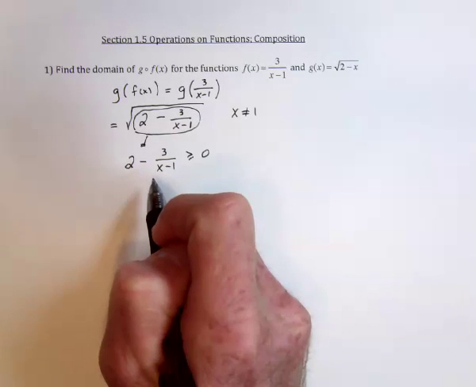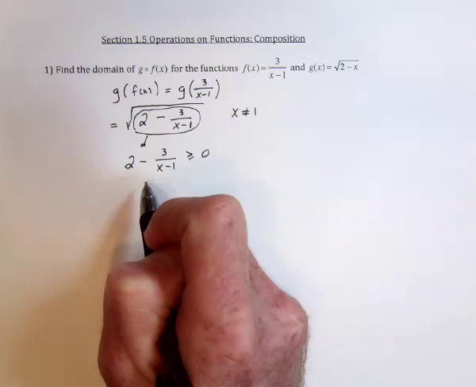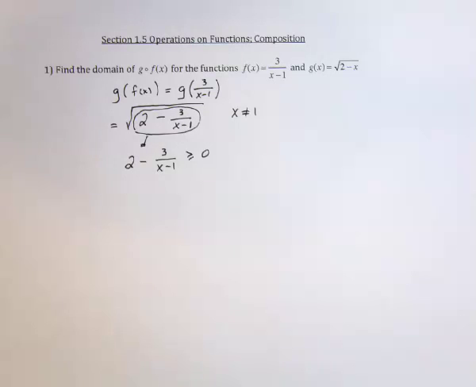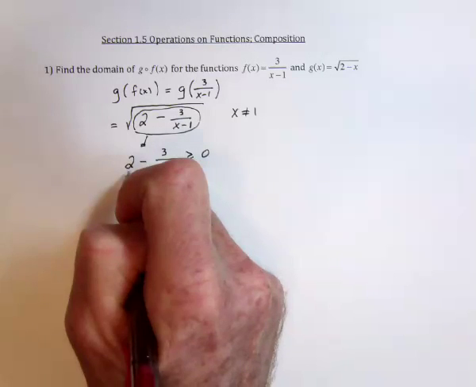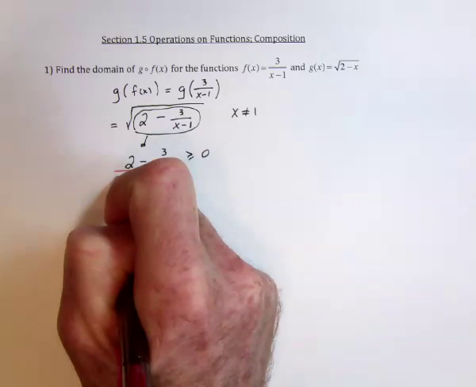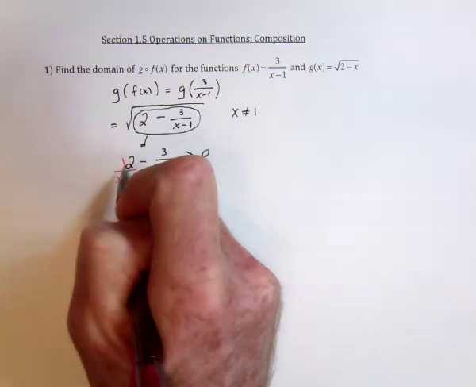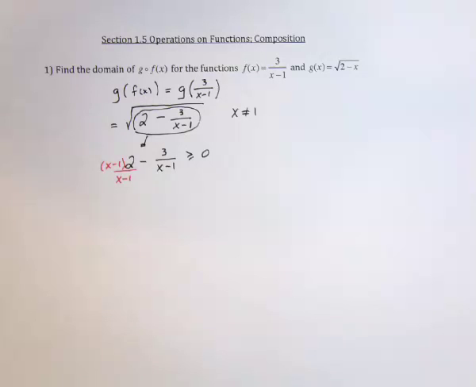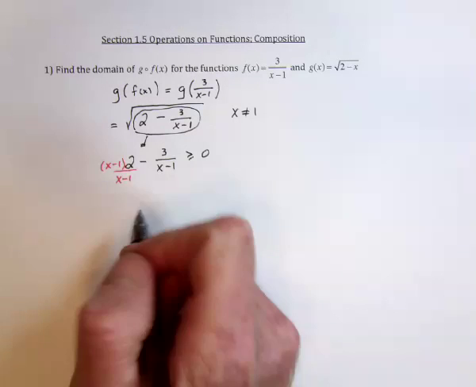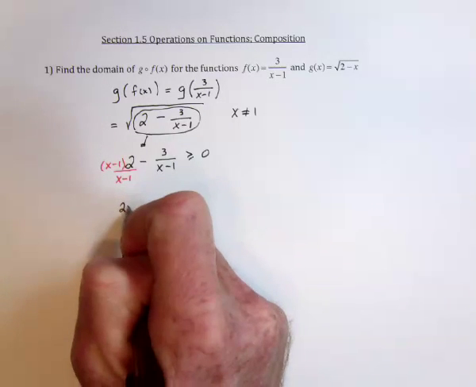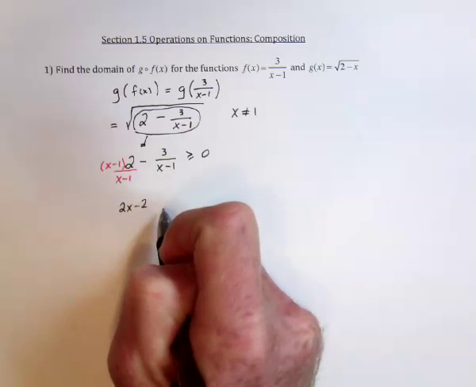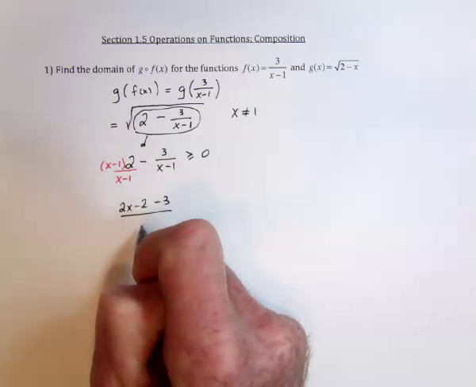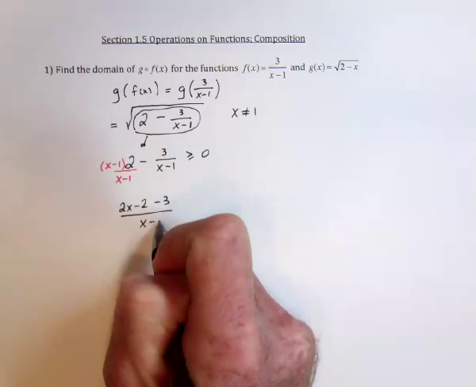And now we can get a common denominator, which would be the x minus 1. So this needs to be multiplied on the denominator and the numerator by x minus 1. So then it's going to be 2x minus 2 and a negative 3 for the numerator, and the denominator is x minus 1.